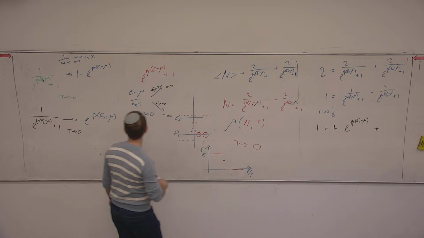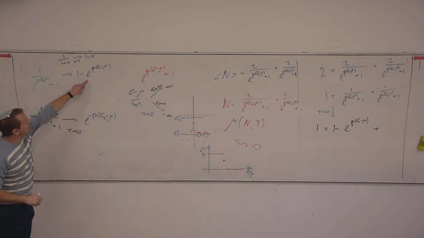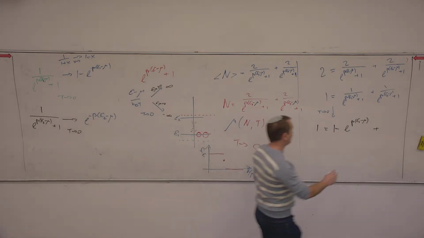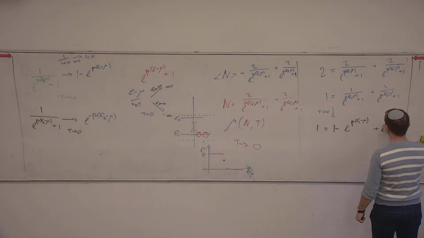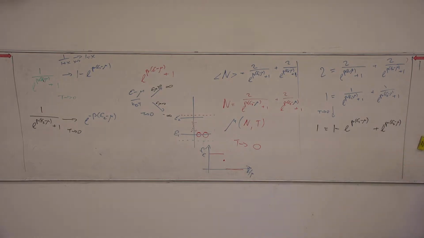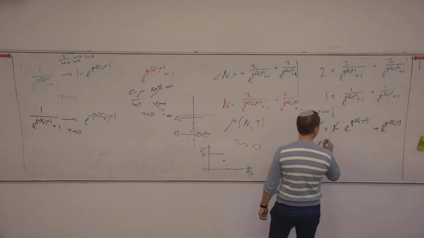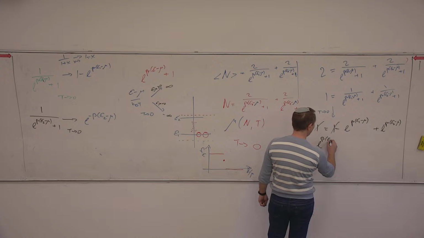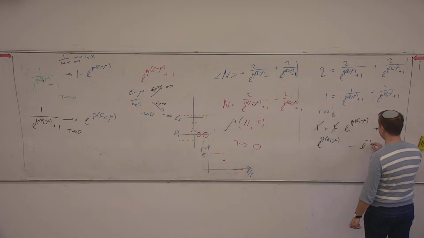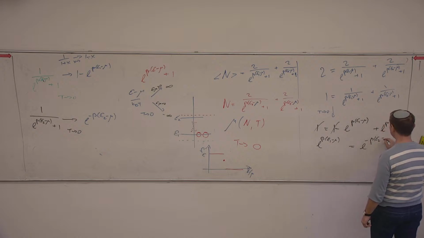I don't have the minus over here. This guy goes to e to the minus beta epsilon 2 minus mu. Now 1 and 1 cancel out, and we have e to the beta epsilon 1 minus mu equals e to the minus beta epsilon 2 minus mu.